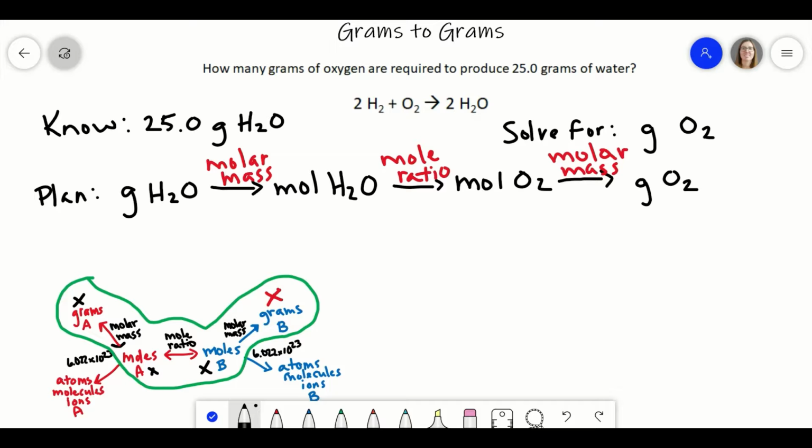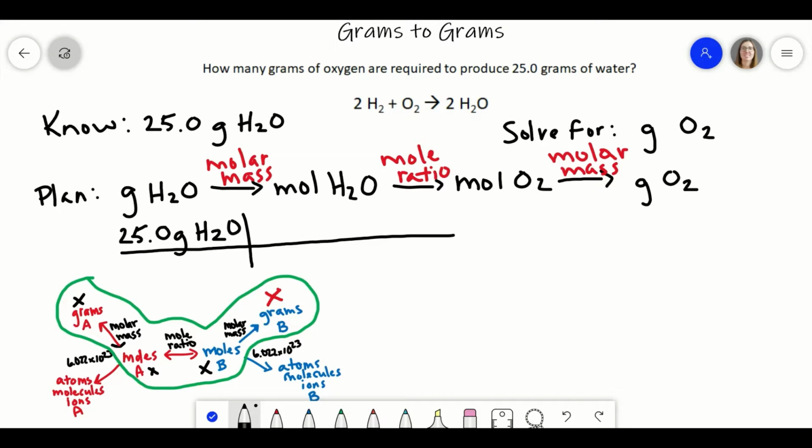So I'm starting with the mass of water that was given to me, which was 25.0 grams of H2O. Then I use the molar mass of water, or H2O, to get to moles.